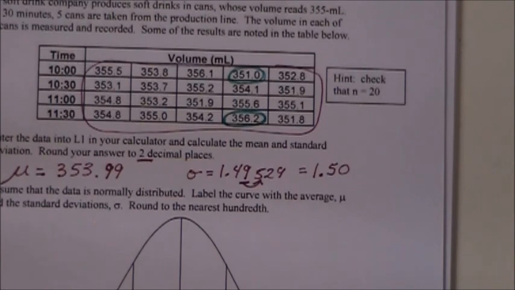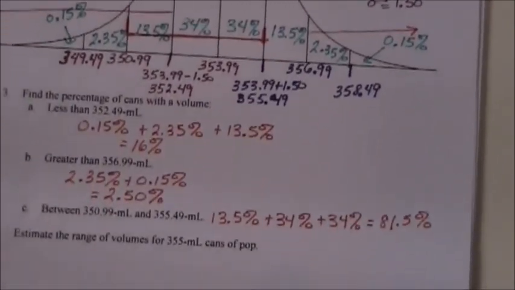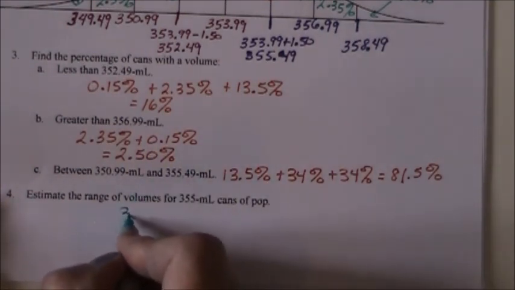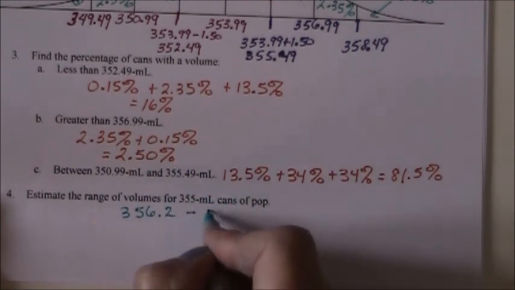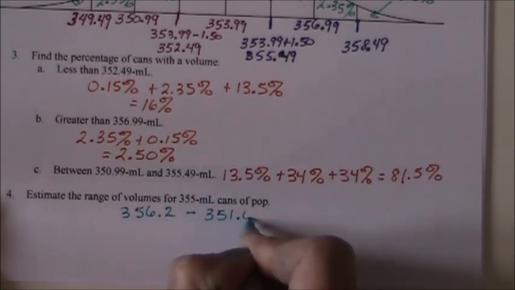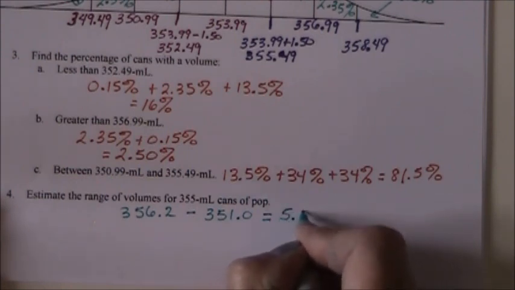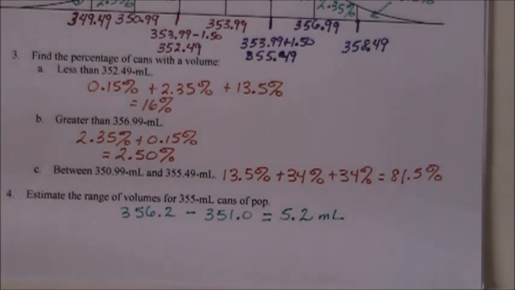And remember that the range is the biggest minus the smallest. So we're going to take the 356.2 minus 351.0, and we get a range of 5.2 milliliters. So there's really only 5.2 milliliter difference between the biggest can and the smallest can.